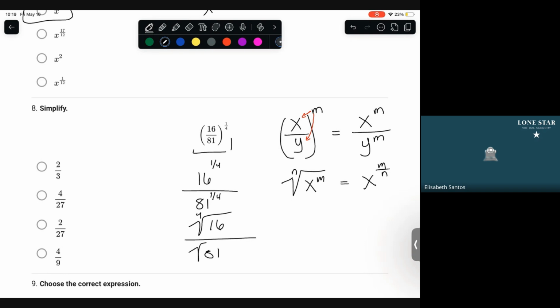Same thing with 81. It's similar to square roots, how we take the square root of 16 and you get 4, right? Which makes sense because 4 times 4 is 16. Well, there's a number that we need to multiply 4 times to get 16, which is 2. And then the fourth root of 81 is 3, which should make sense because 3 times 3 times 3 times 3 gives you 81.